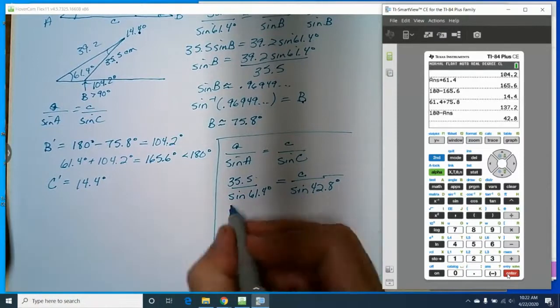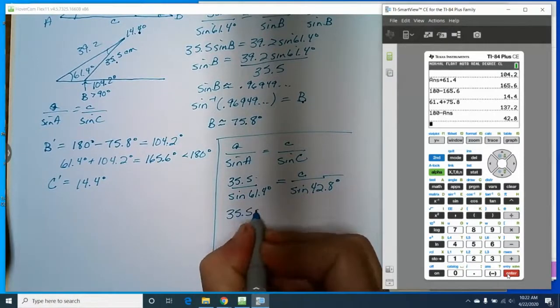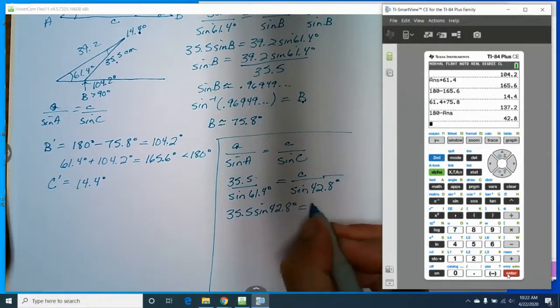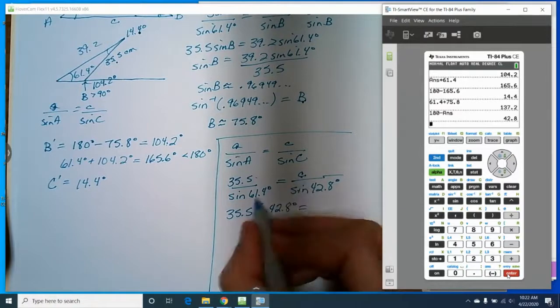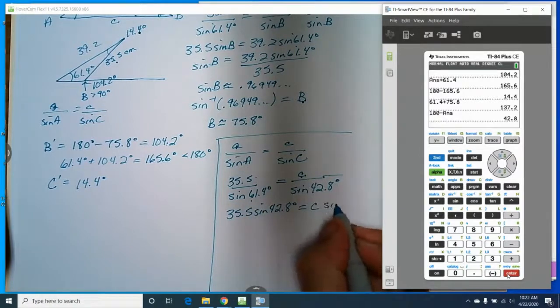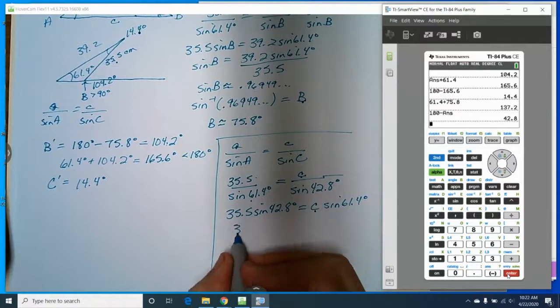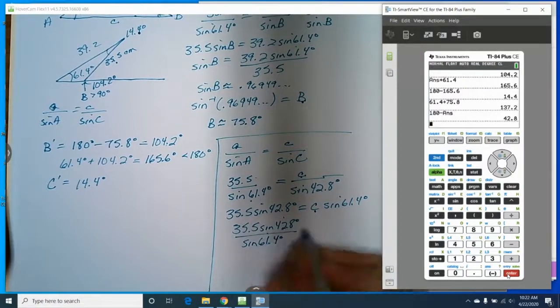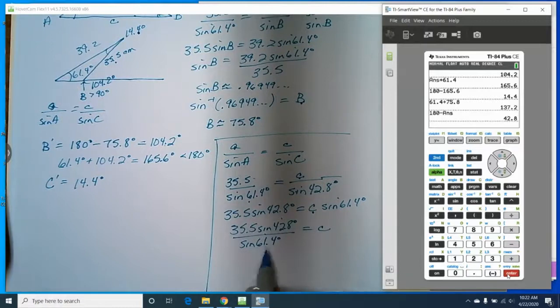We're going to cross multiply these two. So 35.5 times the sine of 42.8 equals C times the sine of 61.4. And then since we're trying to solve for this, we're going to divide both sides by the sine of 61.4. And then you just plug that all in your calculator.